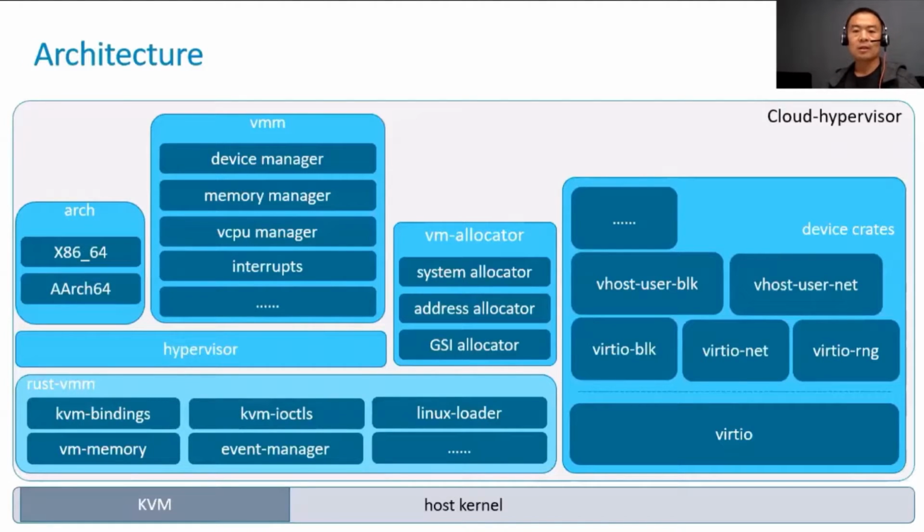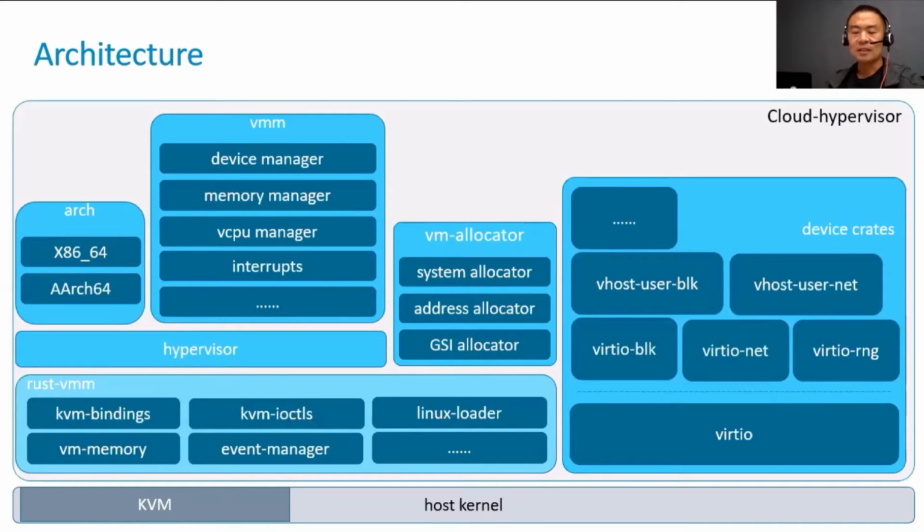VMM is the core component of CloudHypervisor. I have mentioned that on top of Rust VMM, a virtual machine monitor should only contain customizing code. In CloudHypervisor, this customizing part is the VMM crate.